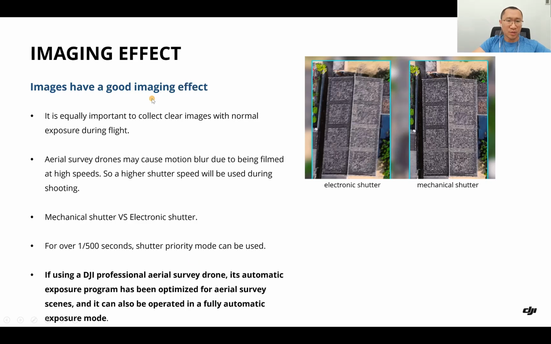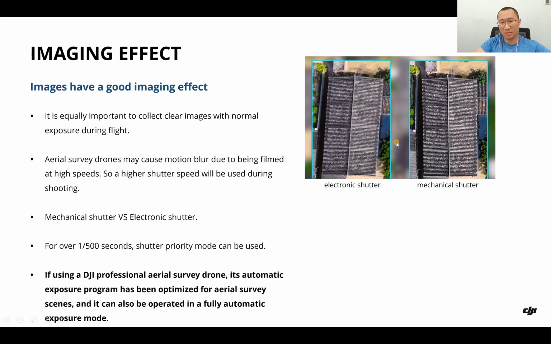The images should also have a good image effect. It's equally important to collect clear images with normal exposure during flight. Aerial drones may cause motion blur because they shoot at very high speed, so a higher shutter speed should be used. Here is a comparison between the electronic shutter and the mechanical shutter.